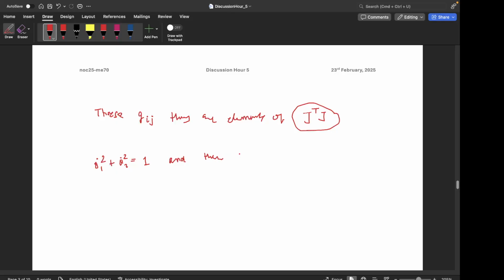Then V square is basically G11 theta 1 dot square plus 2 G12 theta 1 dot theta 2 dot plus G22 theta 2 dot square.